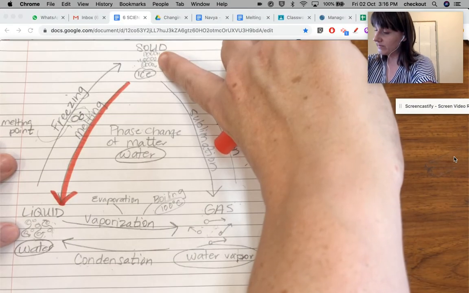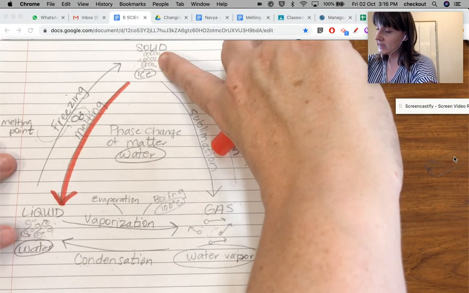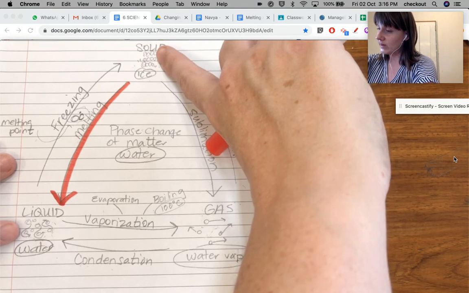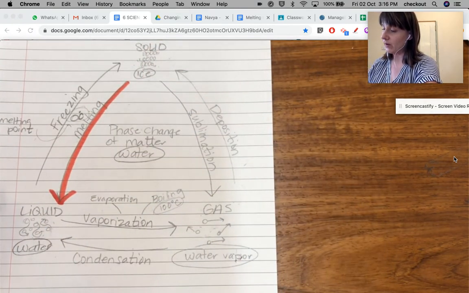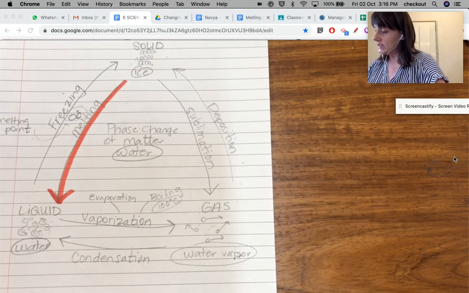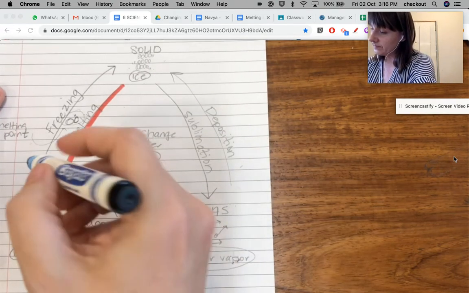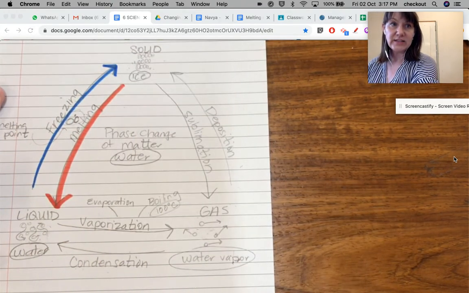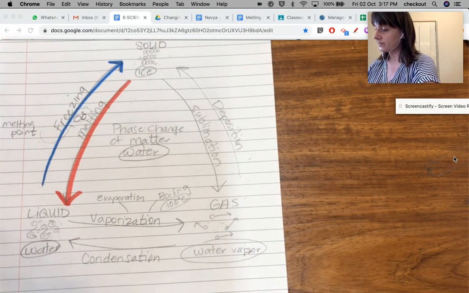The particles are moving faster. If I take the temperature of a solid, it's going to be colder than the temperature of the liquid. It has increased. Which means freezing is the opposite. Freezing is the loss of thermal energy. So if a liquid freezes into a solid, it has lost thermal energy.